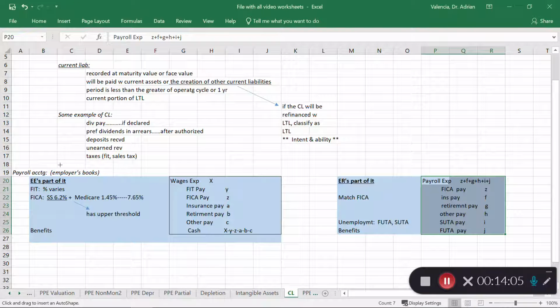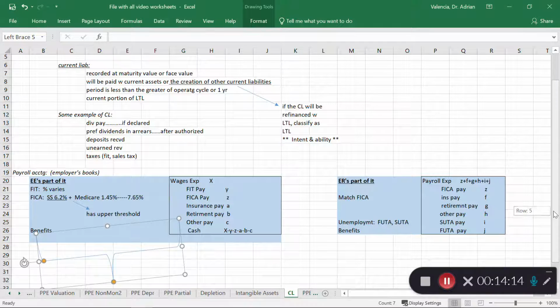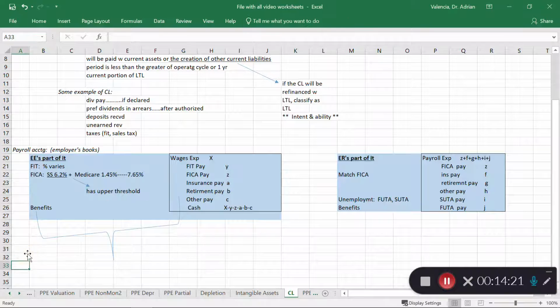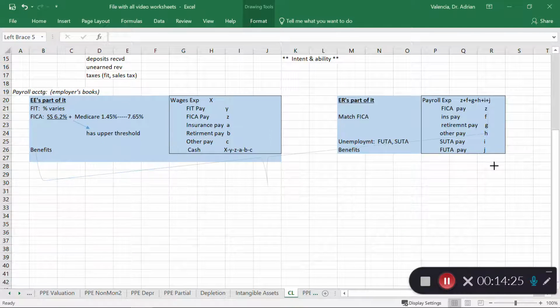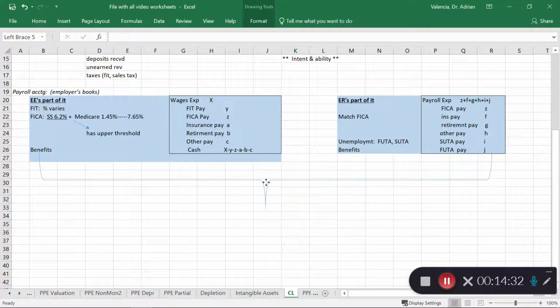So let me do that. Bear with me right here. Oops. I know this looks a little crazy, but I think it's important for us to understand something here. Okay, sorry, I'm doing this right here.